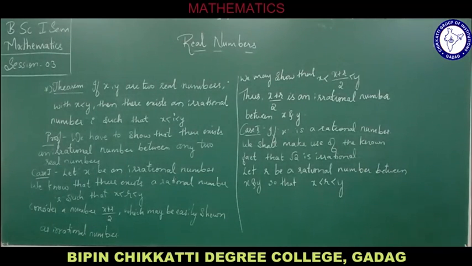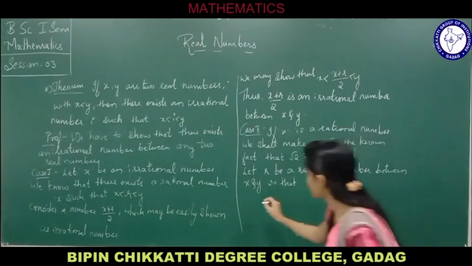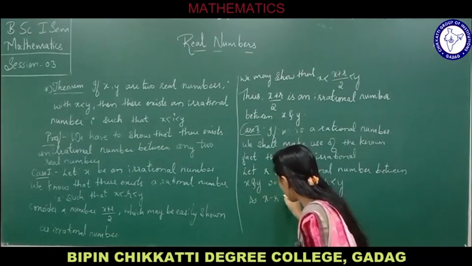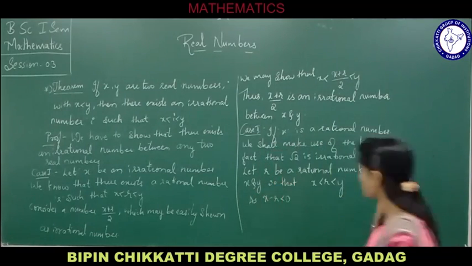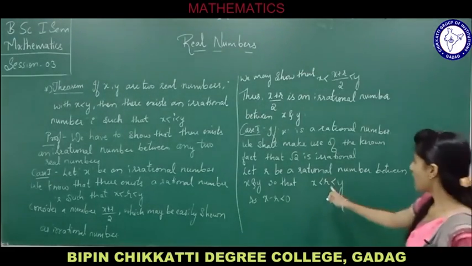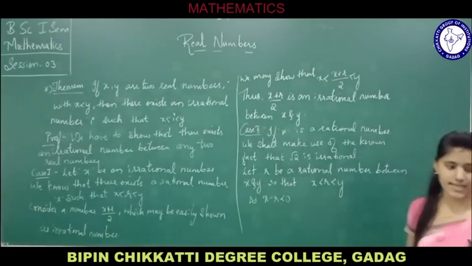Now see, x minus r is going to be less than 0. Why? Because r is greater than x.